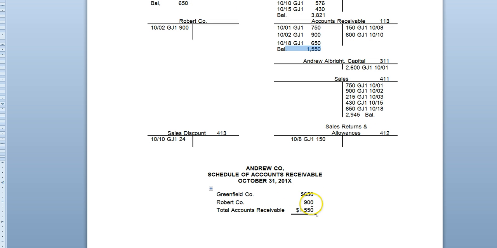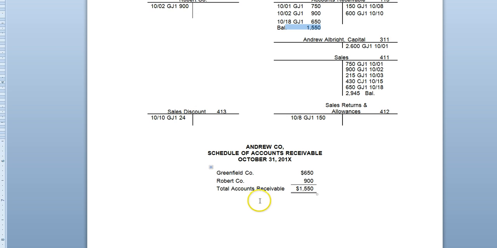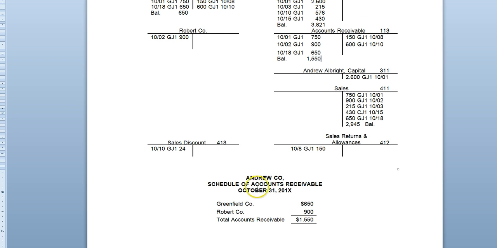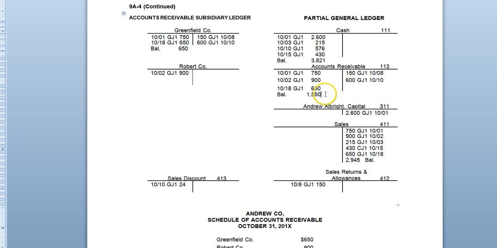We're not going to show the individual accounts on the balance sheet. If you had 100 accounts, you certainly wouldn't want to throw every account on a balance sheet. You'd drive everybody crazy trying to read it. So there's one number that goes to the balance sheet, but it's always supported by a subsidiary ledger. That is true.